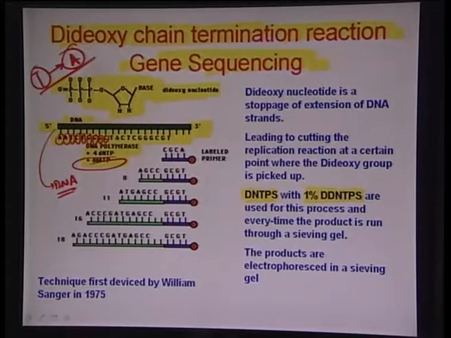Similarly, for the other nucleotides, we can produce the fragments wherever the base was present in the parental chain by using 1% dideoxy CTP, the cytosine nucleotide.